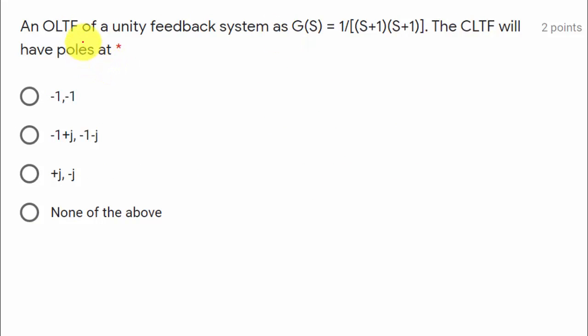Moving on to the next question, an open loop transfer function of a unity feedback system is G of s which is equal to 1 divided by s plus 1 into s plus 1, the closed loop transfer function will have poles at. Now what they have given is G of s which is equal to 1 divided by s plus 1 the whole square. Now they are talking with respect to closed loop transfer function.